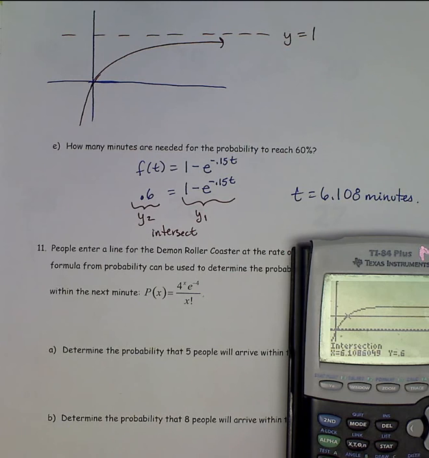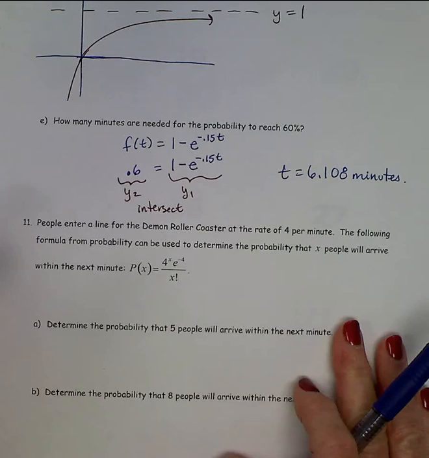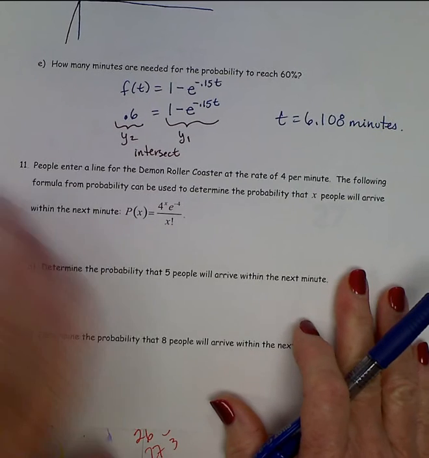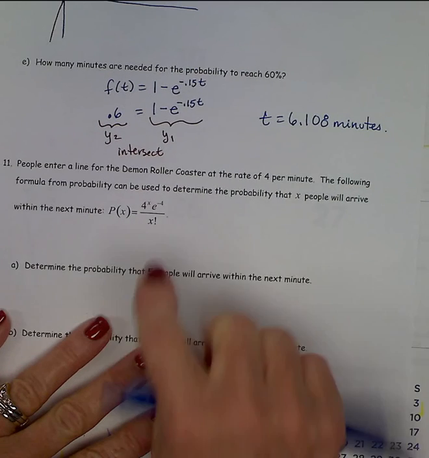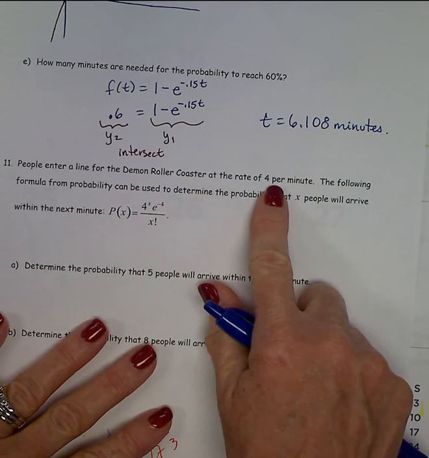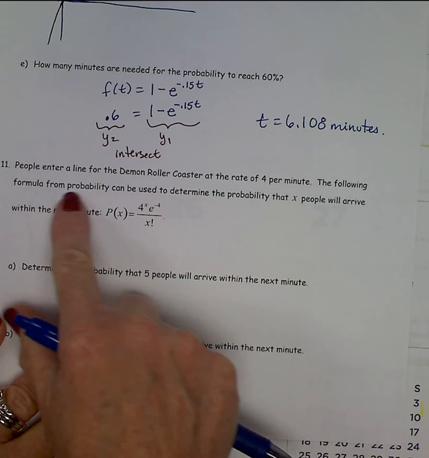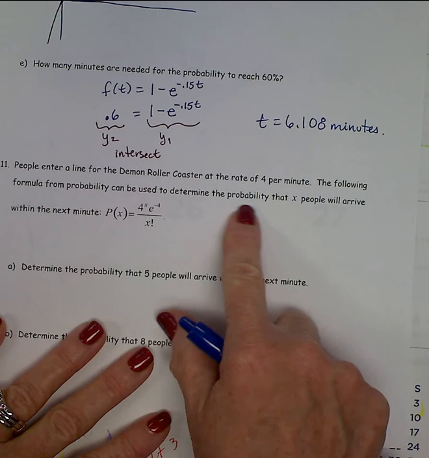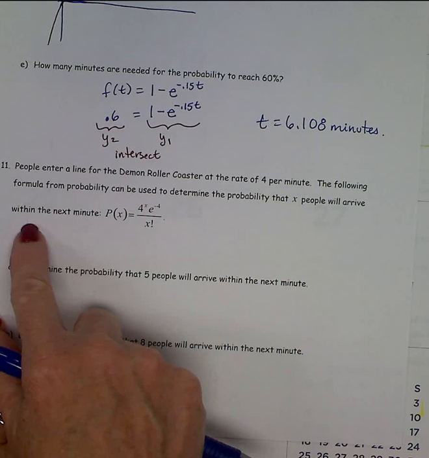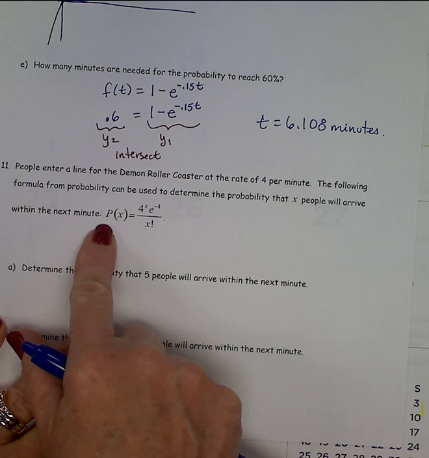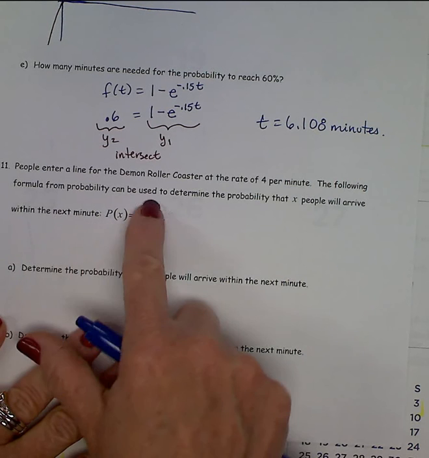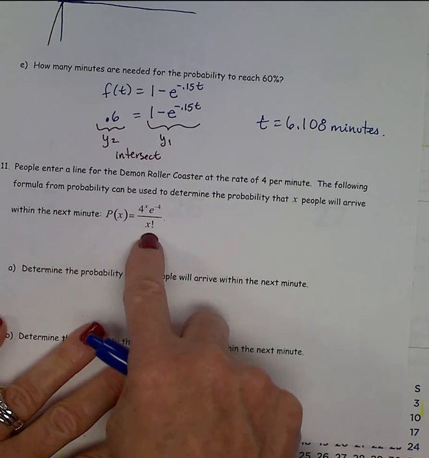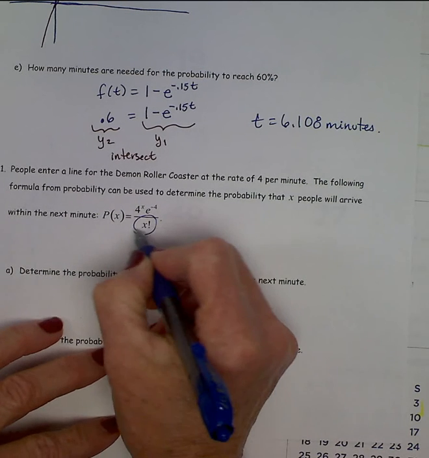Okay? Let's see if we can get this one done quickly. People enter a line for a Demon roller coaster at the rate of 4 per minute. The following formula from probability can be used to determine the probability that x people will arrive within the next minute. P of x is 4 to the x, e to the negative 4, over x factorial. Ooh, factorial. We need to talk about this.